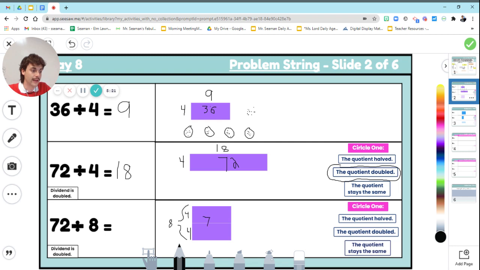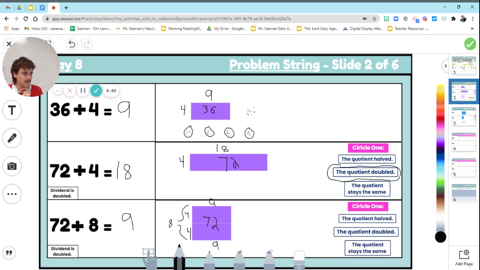And then we have our total area of 72. When we divide 72 by 8, what do we get? We get 9. The distance is 9.